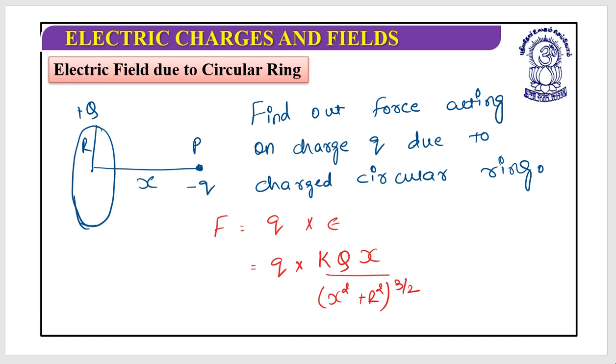So this should be K Q Q x divided by (x square plus r square) to the power 3 by 2. This would be the situation. Yes, this is the force acting on charge q due to the charged circular ring.